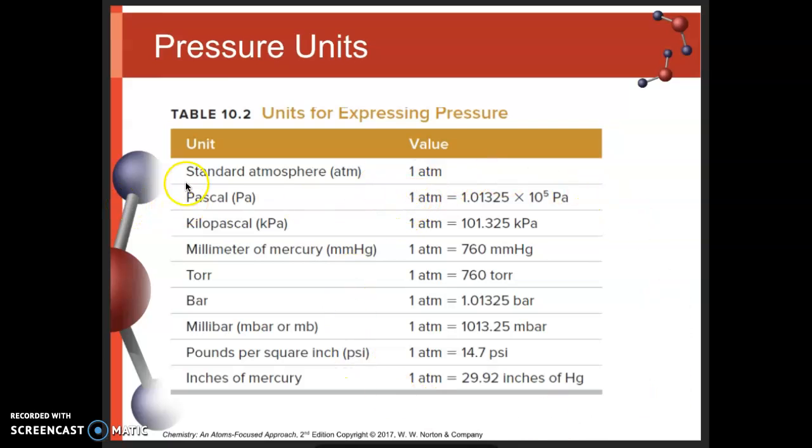Now, in physics, you'll probably see more of the Pascal and kilopascal values. Here, we tend to focus more on millimeters of mercury, torr, and atmospheres. Sometimes we'll delve into bars and millibars. Weather forecasts tend to rely on inches of mercury, and we tend to see PSI, especially when we're talking about things like tire pressure, gauge pressures, those kinds of things.